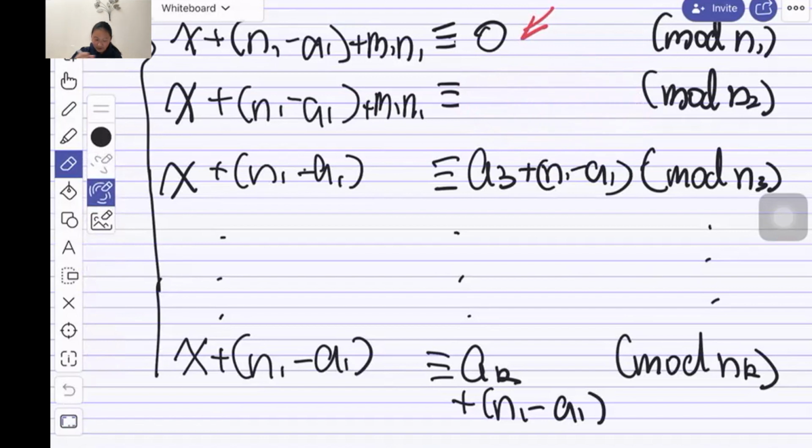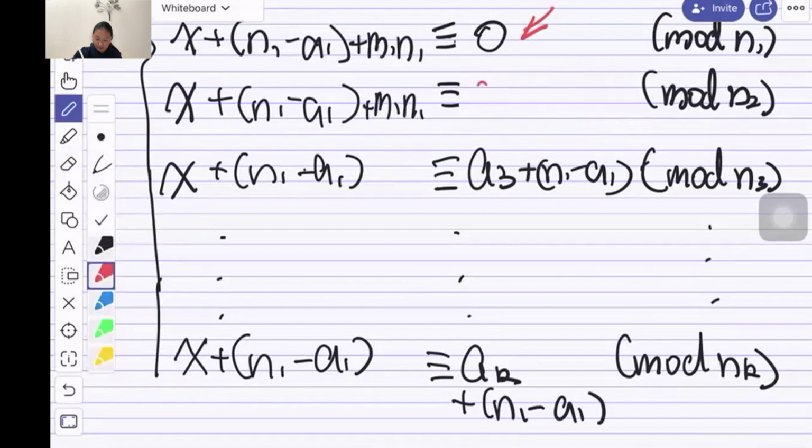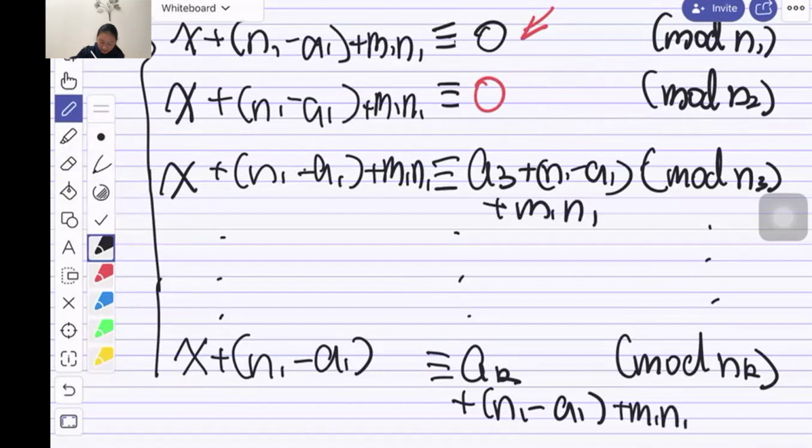And that should be 0. Next, we're going to keep adding this to the others because that's what we should do. So you're going to add m1 n1 to this one, and add m1 n1 to this one. Okay, now we're supposed to merge these two together. So we can merge those two together, yes.